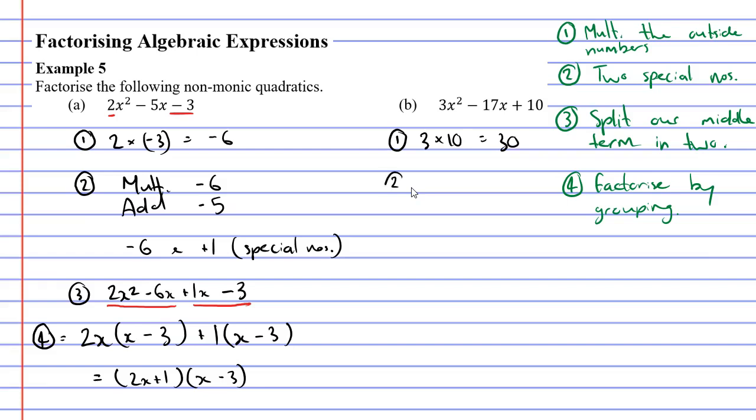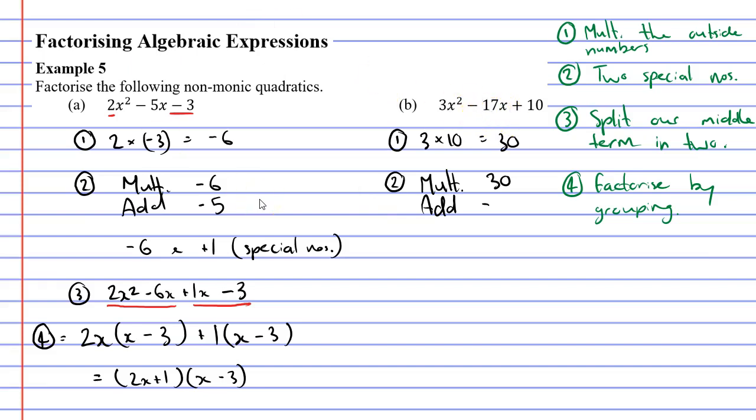Then moving on to step 2. And step 2 involves finding those 2 special numbers. And they have to multiply to make the number we got in step 1. So they've got to multiply to make 30 or positive 30. And they need to add to make that number in the middle term, the negative 17.